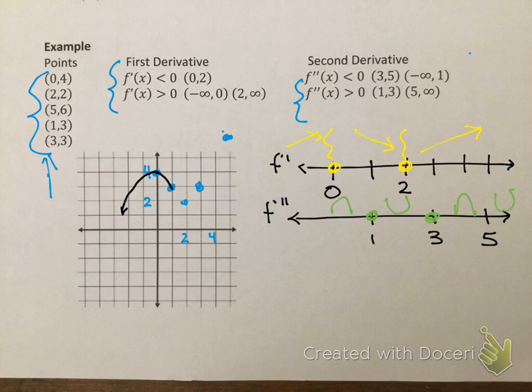From 1 to 2, I'm decreasing, but now I'm concave up. From 2 to infinity, I'm increasing, but I'm only concave up until I get to 3, and then I'm concave down until I get to 5, and then I'm concave up after that point. So you should be able to identify an inflection point, an inflection point, an inflection point, and a local max and a local min.